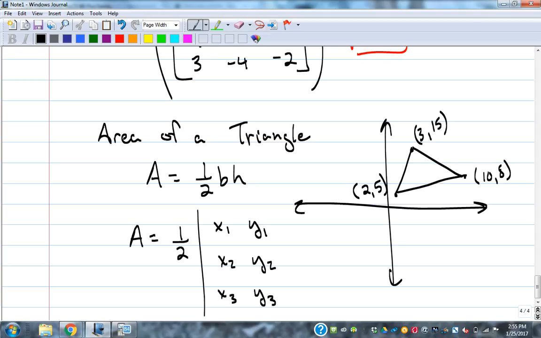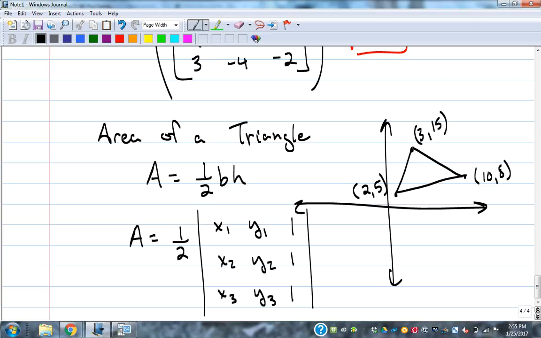This is not square, so we need another column here. That column, just fill it up with 1s. The way the determinant works is a lot of multiplications are happening. If you multiply stuff by 1, it's not going to change anything, right? So that's why the 1s work there. If you put zeros there, 0 does change things when you multiply by it. 1 does not. So that's why we're filling it up with 1s.